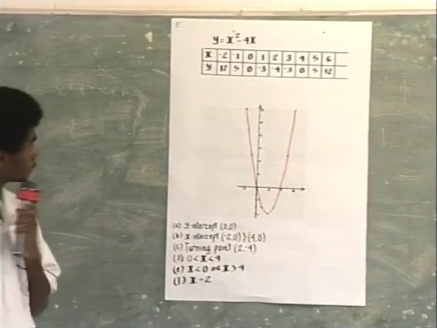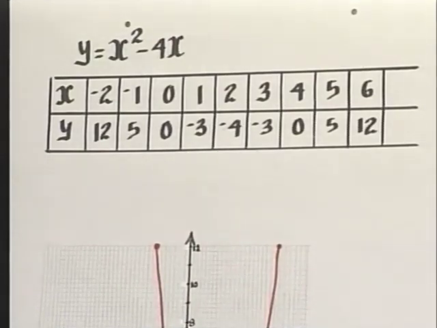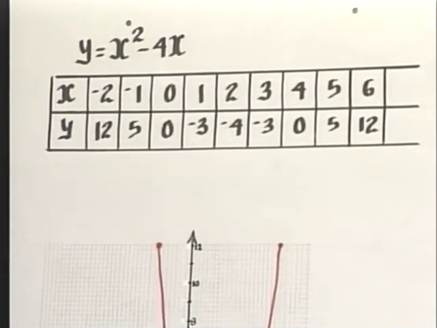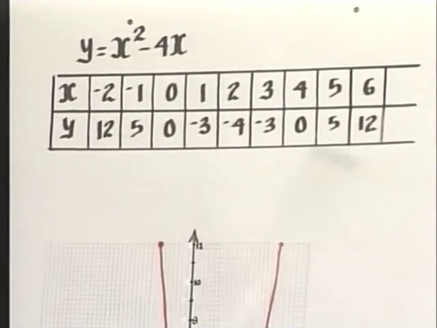For letter E, the equation is y equals x squared minus 4x. First of all, we did a table, and we entered the values.